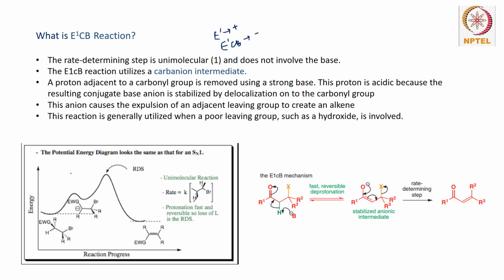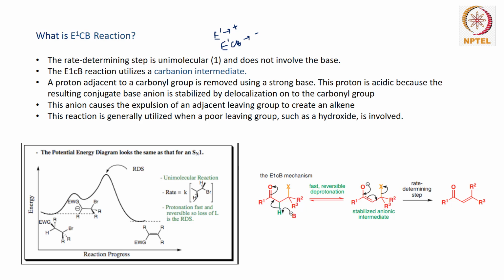So now, what are the main points of this one? This is a unimolecular reaction and the base is not involved in the rate determining step. We know that the number of components involved in the rate determining step determines the molecularity of the reaction. So what happened in this reaction?